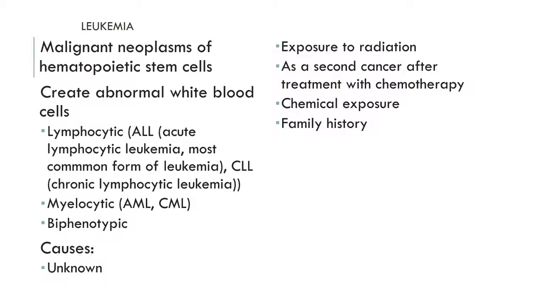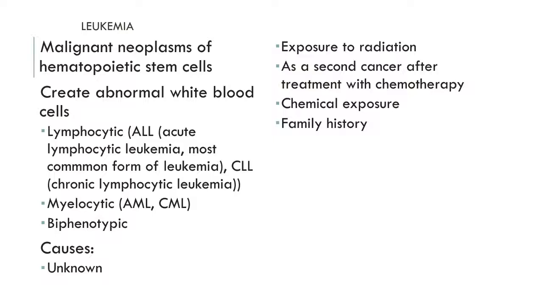We have myelocytic leukemia as well, which means we have the acute myelocytic leukemia and the chronic myelocytic leukemia. And there's also one known as the biphenotypic, which means it has more than one type of cell involved. The cause is unknown.